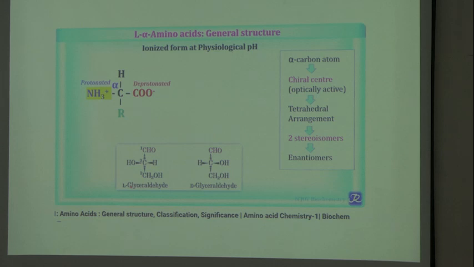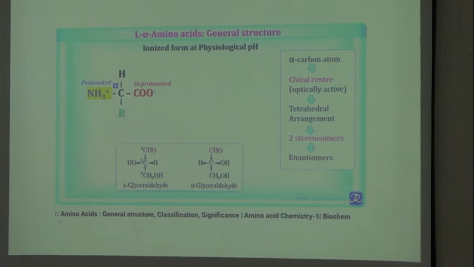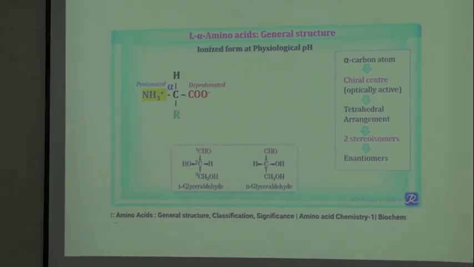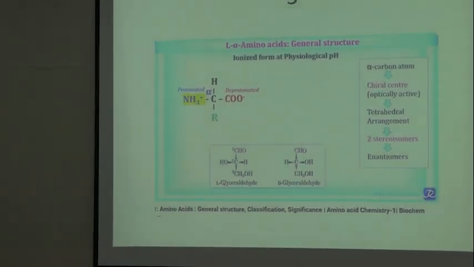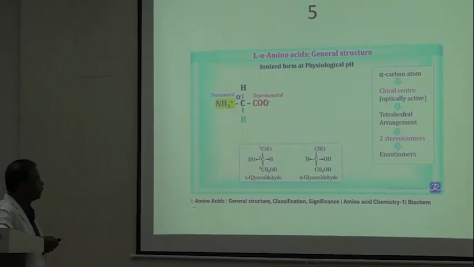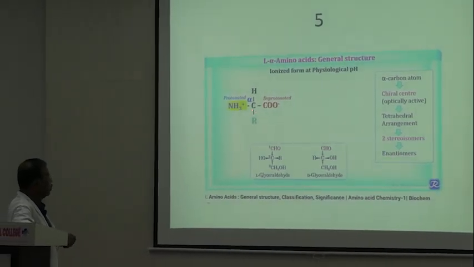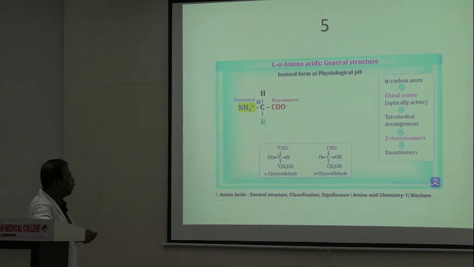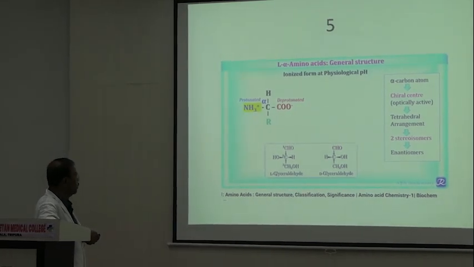When 4 different molecules are attached to the alpha carbon, they can produce optical isomerism. The 2 different optical isomers are called enantiomers. And the carbon which can produce this is called a chiral carbon.